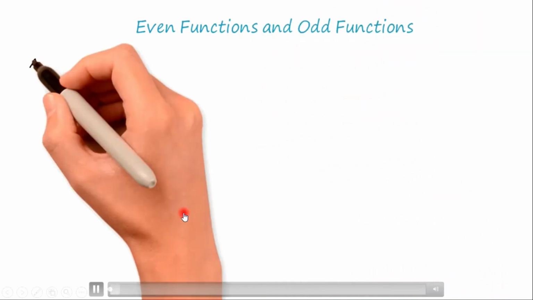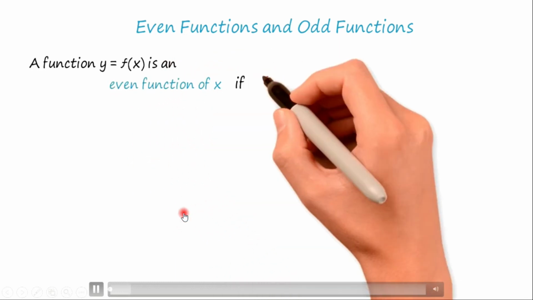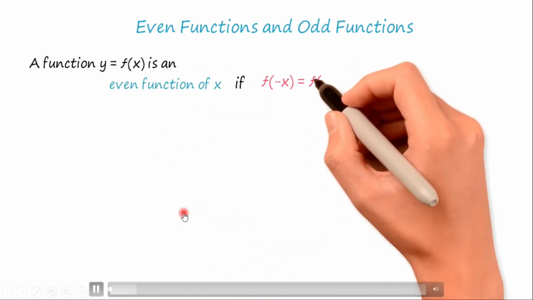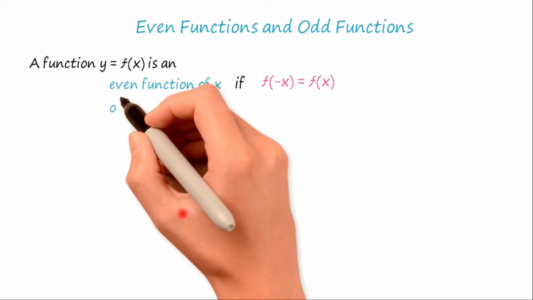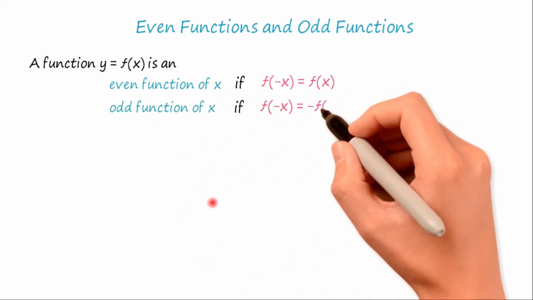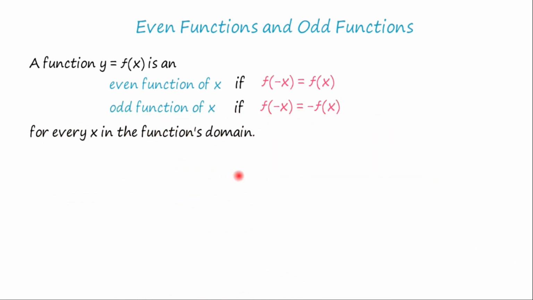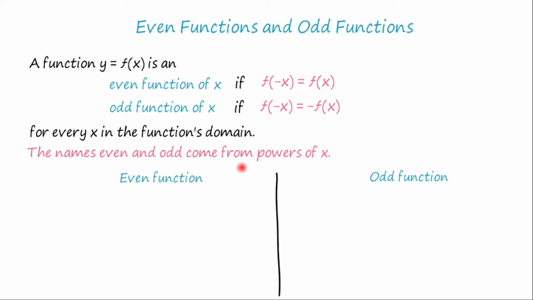Even functions and odd functions. A function y equals f of x is an even function of x if f of negative x equals f of x, or it is an odd function of x if f of negative x equals negative of f of x for every x in the function's domain. If the function doesn't satisfy either of the above properties, then it is neither an even function nor an odd function. The names even and odd come from powers of x.